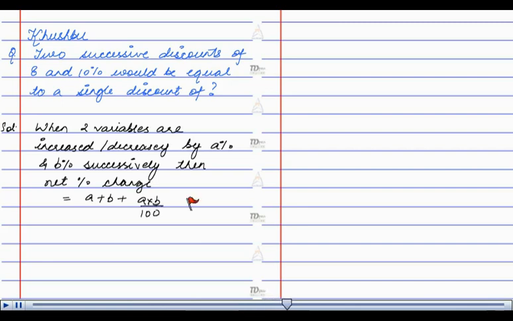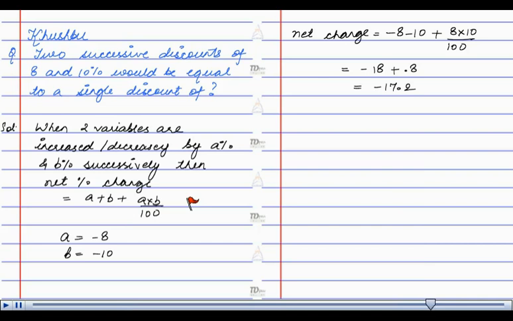Using this concept to solve the question, we get A as -8 because here the value decreases as it has been provided with discounts. Similarly, B will be -10 and hence the net change will be -8 minus 10 plus 8 into 10 by 100, that will be -18 plus 0.8, which will be -17.2.